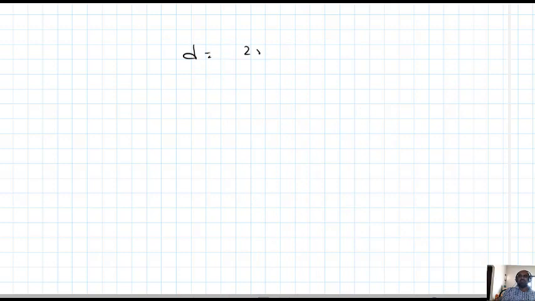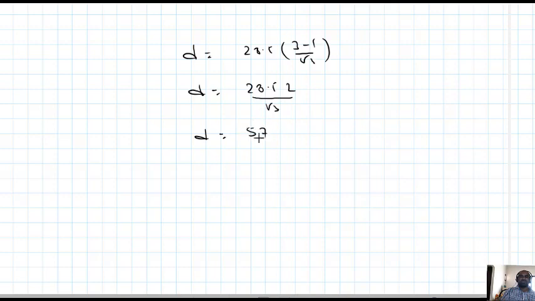D equals 28.5 into 3 minus 1 by root 3, so d equals 28.5 into 2 by root 3. That is 57 by root 3, or d equals 57 into root 3 by 3. 3 ones are 3, 3 19s are 57, so 19 root 3 meters.